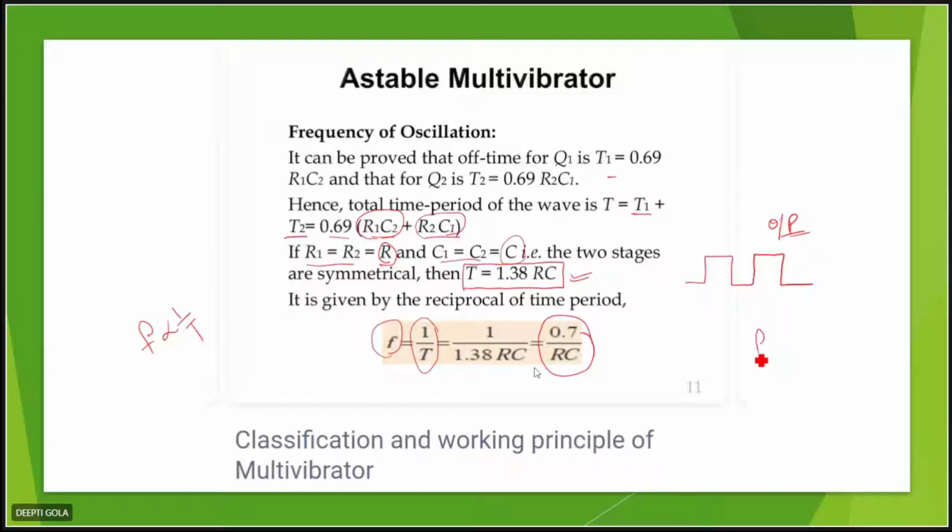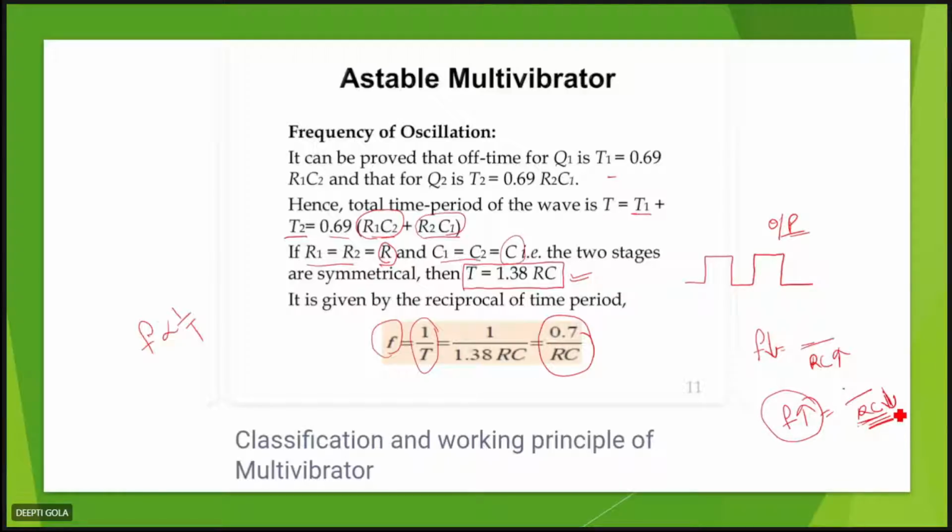If this RC is large, then the frequency will be low, and the frequency will be high if you have a low RC value. So if you need the frequency to be large, then the capacitance and resistance values should be taken less.